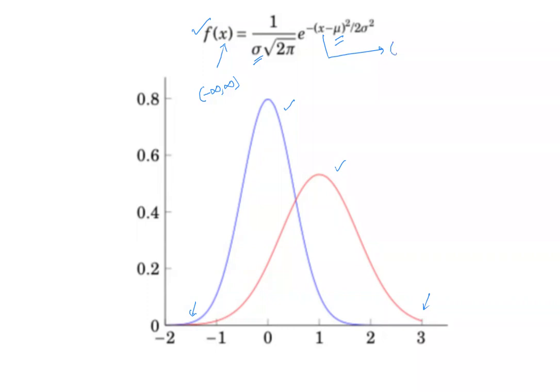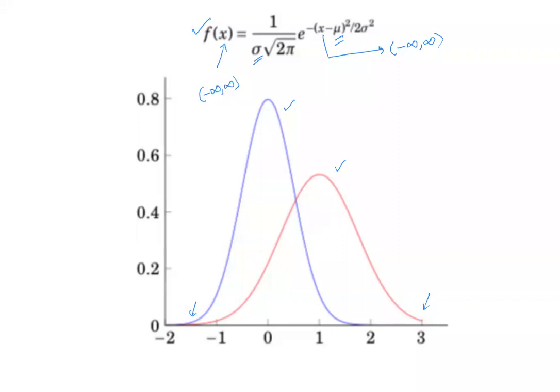So again, from negative infinity to positive infinity. And when we say bell-shaped curve, normal distribution, Gaussian distribution, all of these are the same.